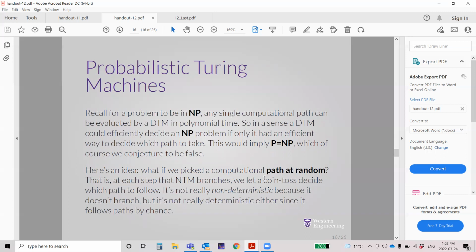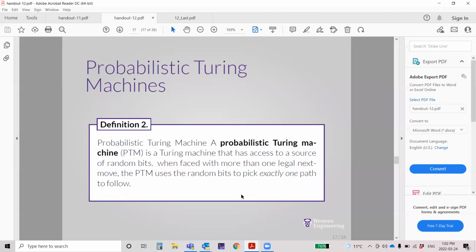It is not really non-deterministic because it doesn't branch, but it's not really deterministic either, since it follows paths by chance. So if I decide not to follow all paths of the non-deterministic Turing machine, and I start flipping a coin to pick which path, this or this, we are trying to find a solution by chance. However, it's not deterministic, because I might use path A or path B. So a probabilistic Turing machine, PTM, is a Turing machine that has access to a source of random bits.